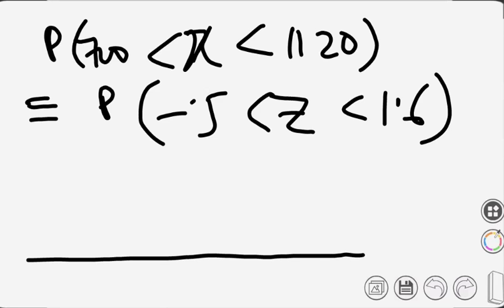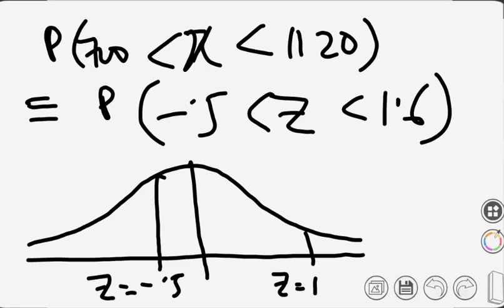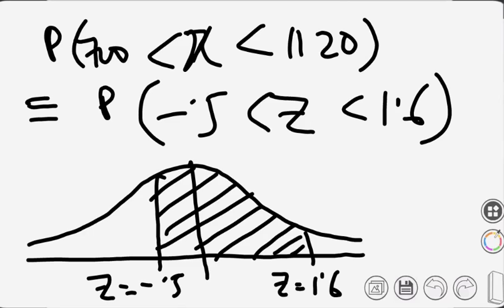We'll try to draw the required area. So, standard normal distribution, say this is z equals minus 0.5 and this is z equals 1.6. The required area is in between, so this is my required area.